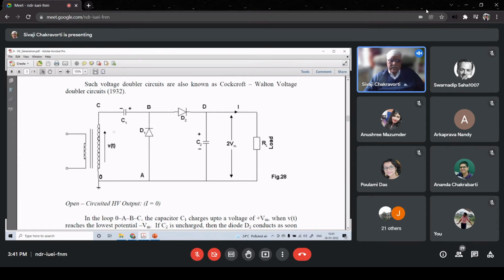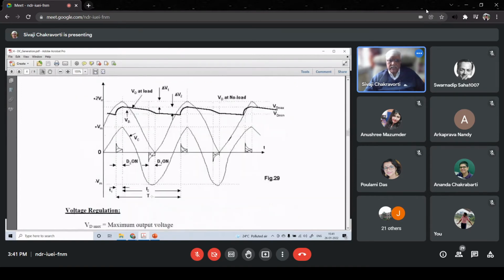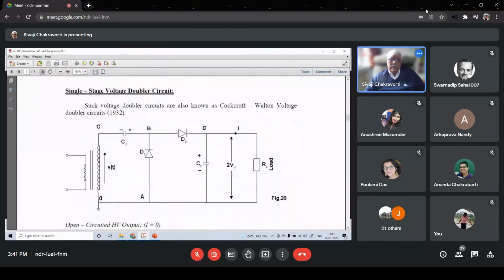So at a certain point in this half cycle, the so-called negative half cycle, when D1 was actually conducting before theta equal to 90 degree, this terminal A or O becomes higher in potential than terminal B, because C1 is not at Vm, it has gone down slightly.